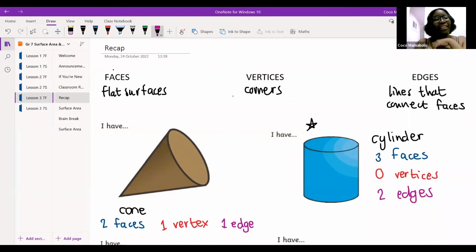Ma'am, I want to ask about the cylinder shape. The edges part. Do you say there's one edge on the top? Yes. And then underneath as well? Yes, so there we go. And then where else would it be? By the sides.